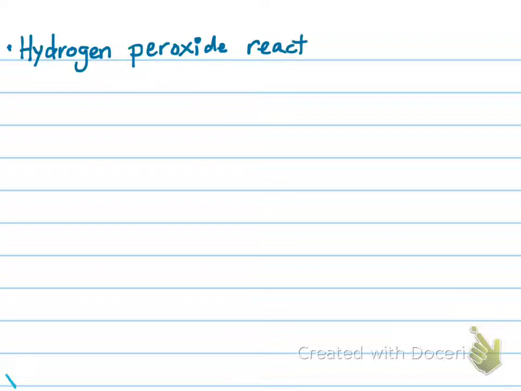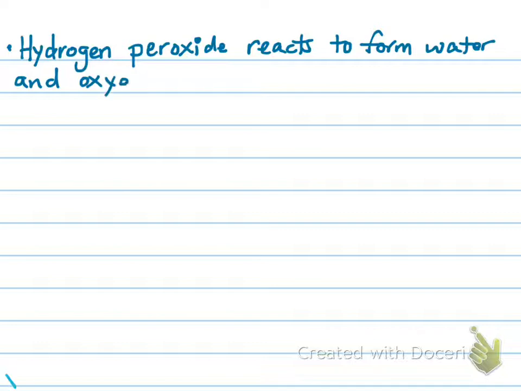Okay, so our next example, here is our sentence, right? Because I told you I'd give you sentences. Hydrogen peroxide, and I would encourage you to write the sentence as well, reacts to form water and oxygen gas.